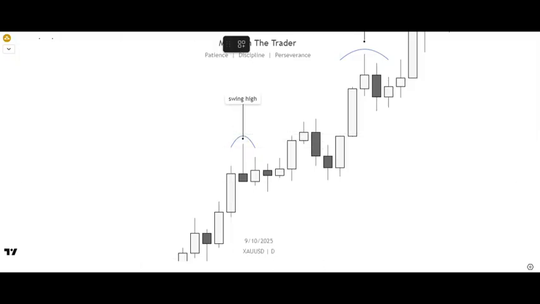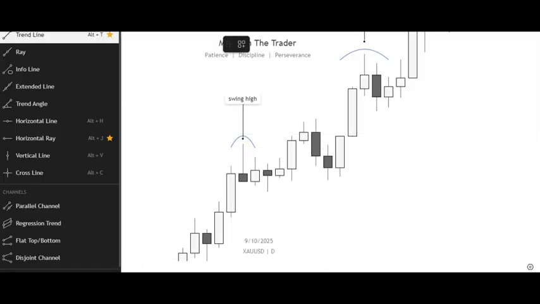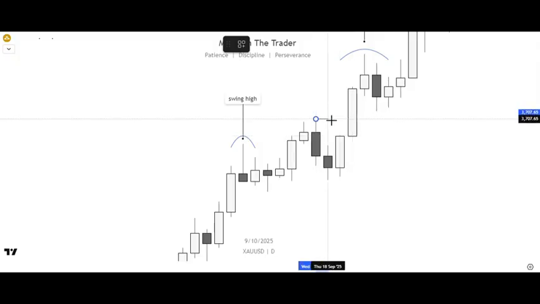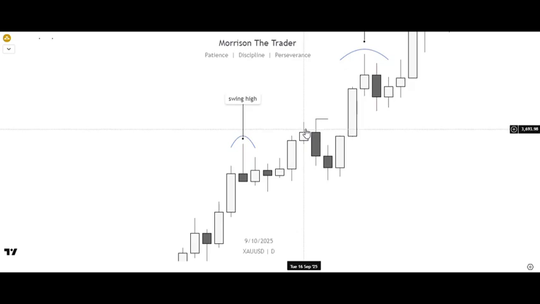Therefore, this right here is also a swing high. Do you get it? We have a high to the left, which is lower, and another high to the right, which is also lower, and that makes this one stick out.